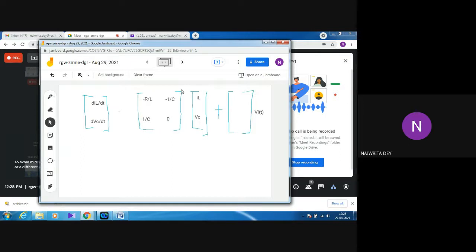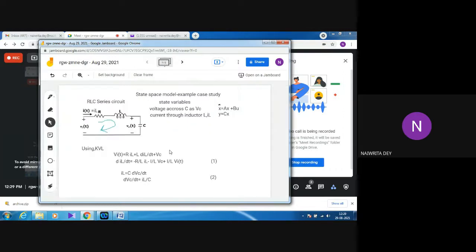This is known as the state transition matrix. And we are left with the B matrix in this input state equation. What is the coefficient of Vin(t) in equation number 1?